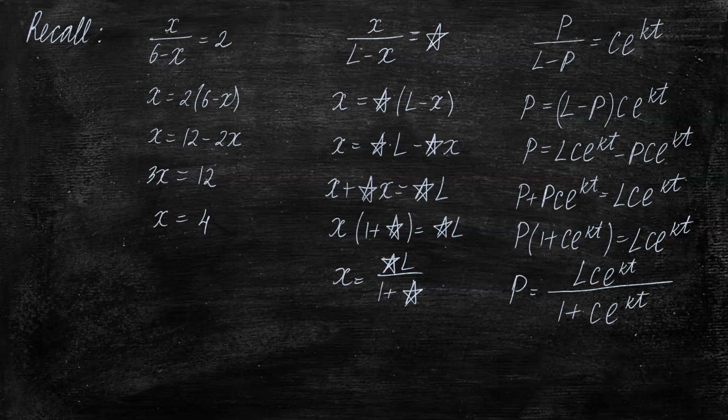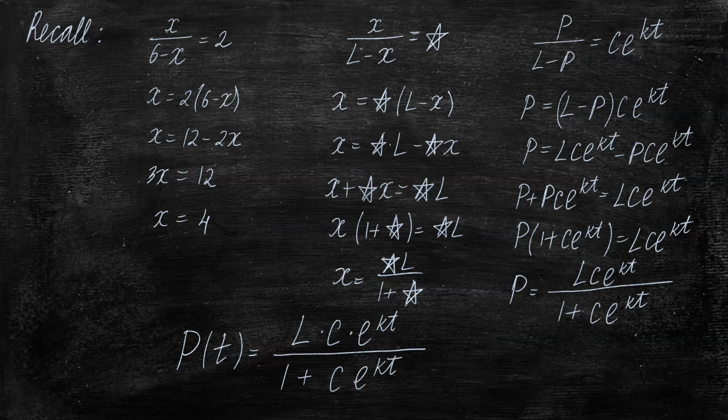And now we have a solution to the differential equation in explicit form. So we have our limiting capacity L times some C e to the kt, all that divided by 1 plus C e to the power kt.